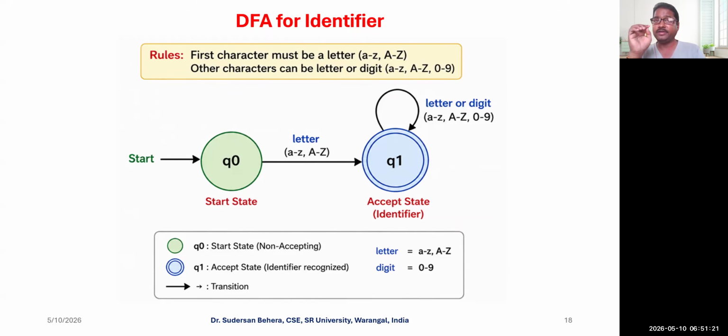Like this, for every token, the DFAs are already defined in the compiler, in the lexical analyzer. There is a DFA already defined to recognize an identifier. There is a DFA predefined to recognize a real number.